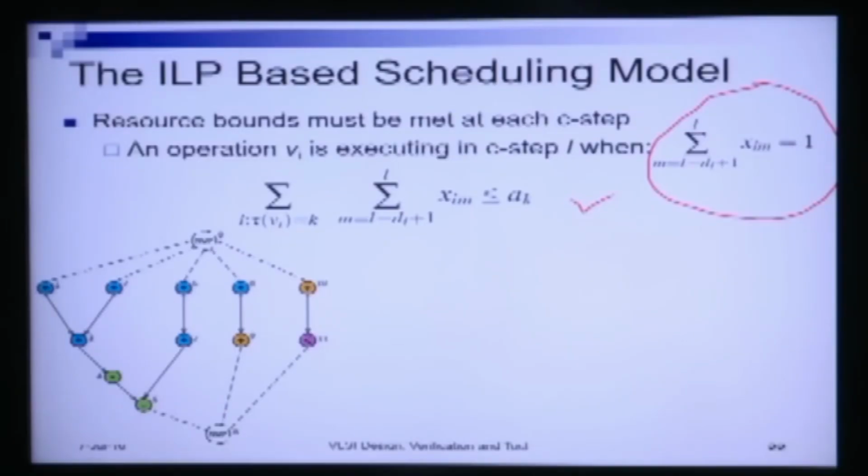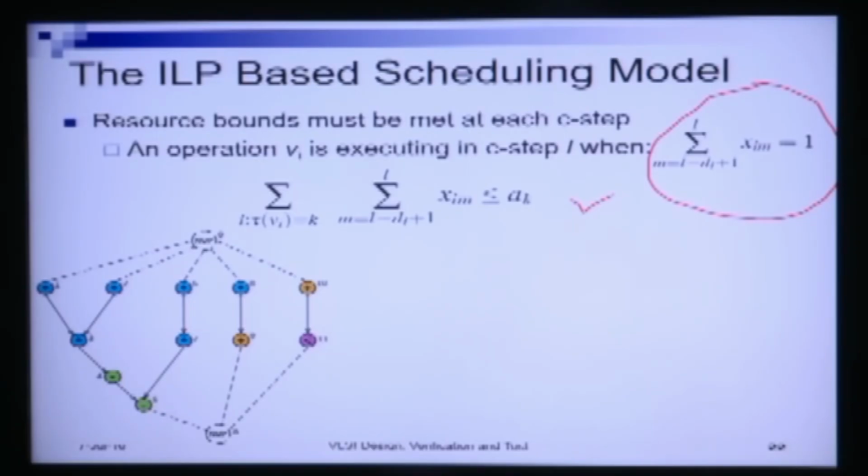So, given this we obtain the constraint as given below here. For each type of resource K, K denotes the types of resources and AK denotes the number of resources of type K. So, at each time step not more than AK operations that need to be scheduled on resources of type K can be concurrently scheduled.